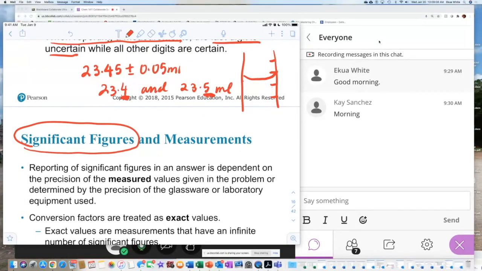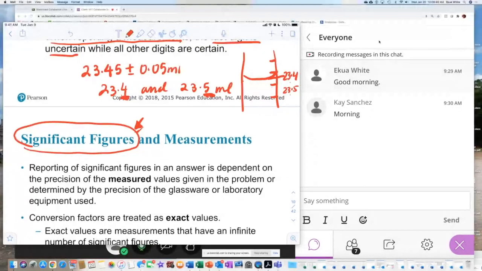But if we're doing the same experiment, the goal in chemistry is for us to have a number that we can all agree with. So if I guess this value to be 24 and you guess it to be 23, they want to make sure we are at the same level. The significant figure rules allow us both to round our numbers up or down so we end up on the same value. Okay? So our numbers are more consistent, and when they're more consistent, they can be more trustworthy.